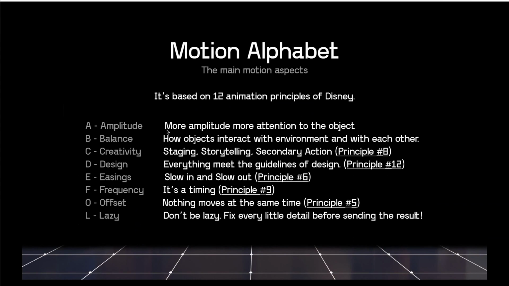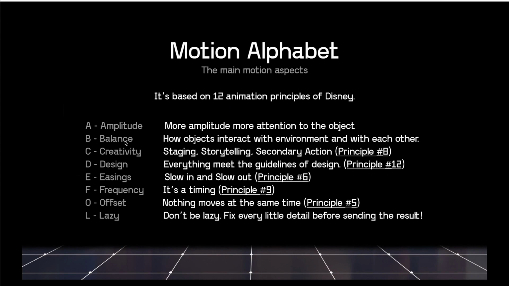So amplitude: more amplitude, more attention to the object, and that's a very easy one. If you see some animation where amplitude can be added to the objects and it will improve the animation, you can tell it in the comments.